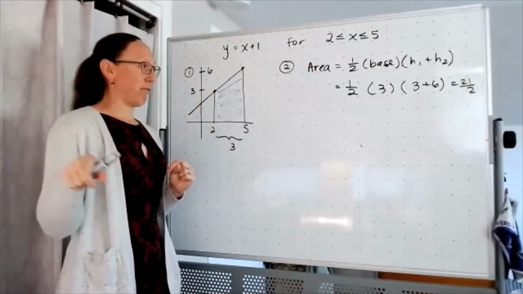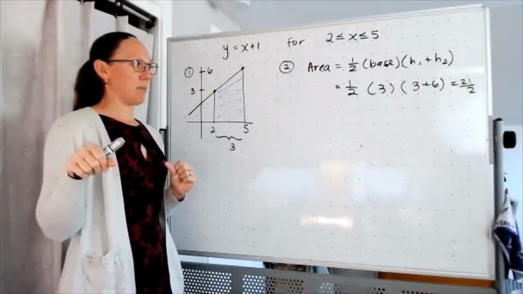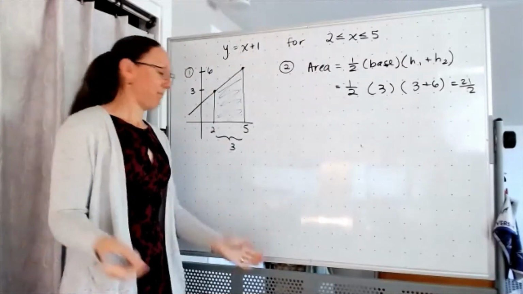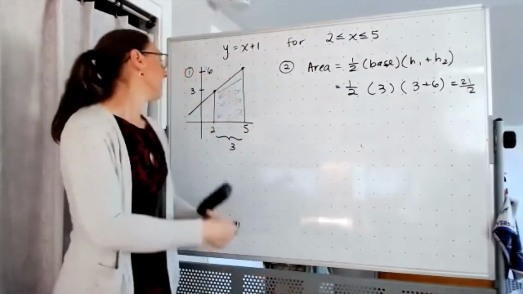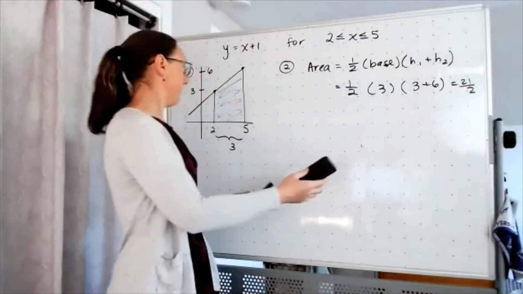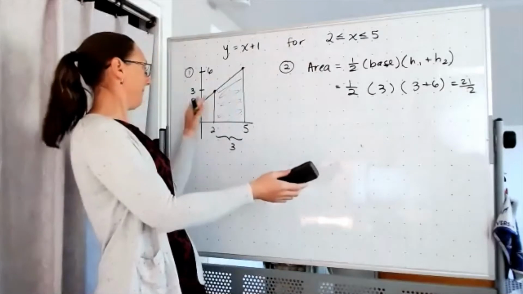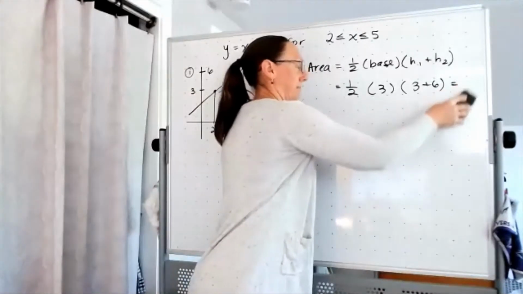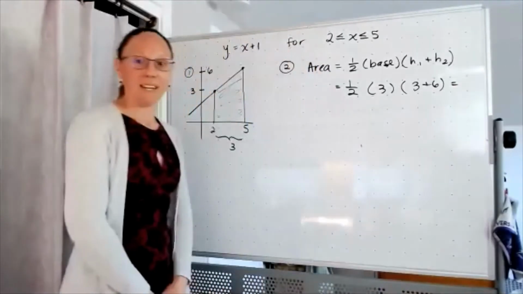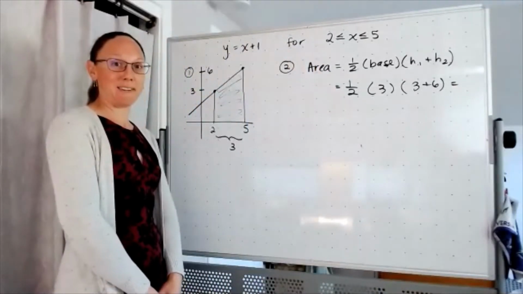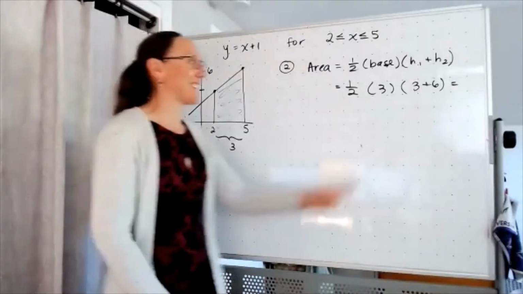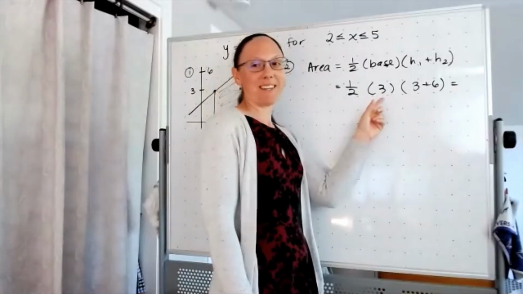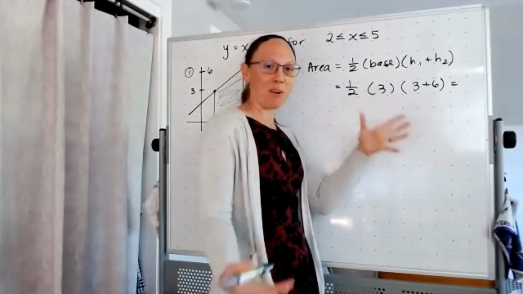But before I keep going, because apparently I can't do math, I think I maybe can't do math today. 3 plus 6 looks like 9. 9 times 3 is 27, not 21.